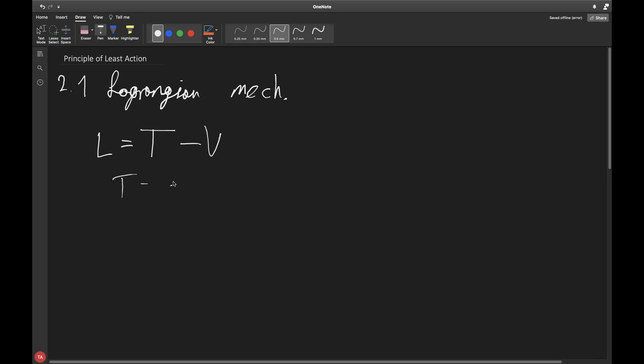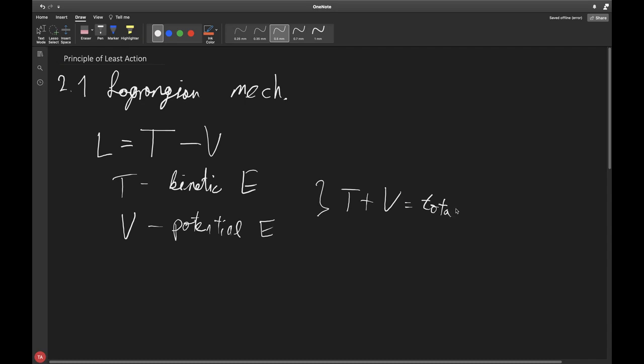First of all, we denote it with L, and we define it as the kinetic energy minus the potential energy. So T is the kinetic energy, and V is the potential energy. You could also think about that if we add these things, T plus V is the total energy of the system.